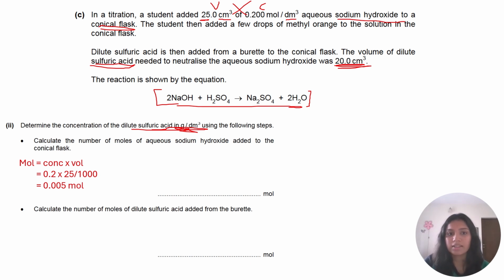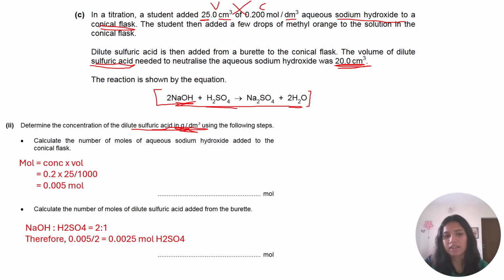Here you can see the ratio of NaOH to H2SO4 is 2:1. We know there are 0.005 moles of sodium hydroxide. Therefore, to find the moles of dilute sulfuric acid, we divide by 2 because it's a 2:1 ratio, and you have 0.0025 moles of H2SO4.